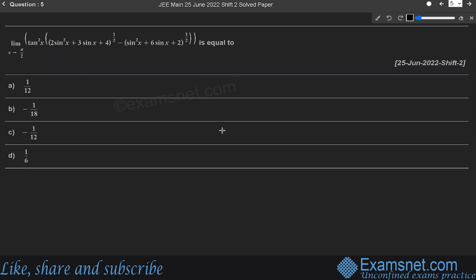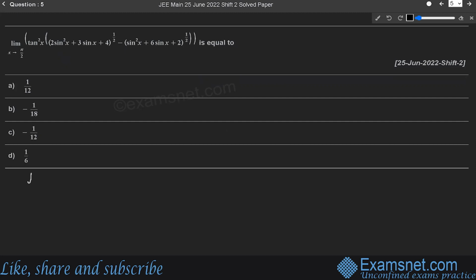Next question is: limit x tends to π/2 of tan²x × [(2 sin²x + 3 sin x + 4)^(1/2) − (sin²x + 6 sin x + 2)^(1/2)] is equal to? Since the power is 1/2, it can also be written under root.